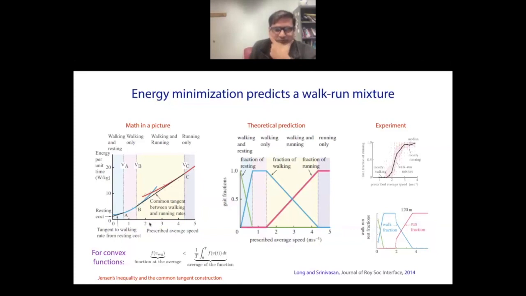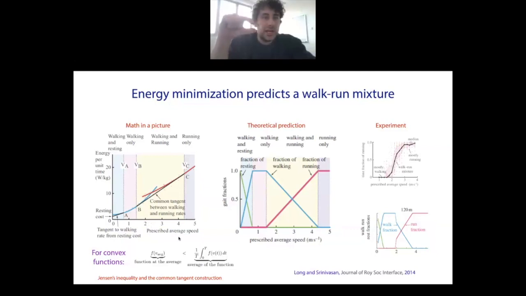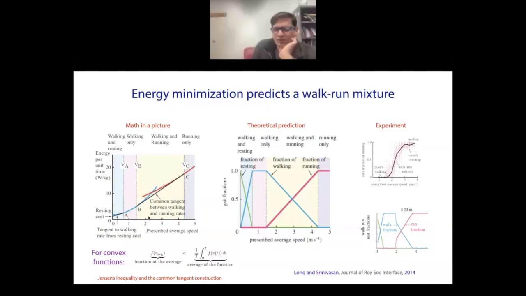Yeah. And the other component here, I believe, is that there is some invariance. So the function that you minimize must have some invariance, right? Some sort of freedom, some parameters which you can tweak a little bit, because here you have, it seems to me, an infinite number of solutions which can go from walking to running. Is that correct? In this case, I don't know if it's necessarily an invariance, but you have flexibility.